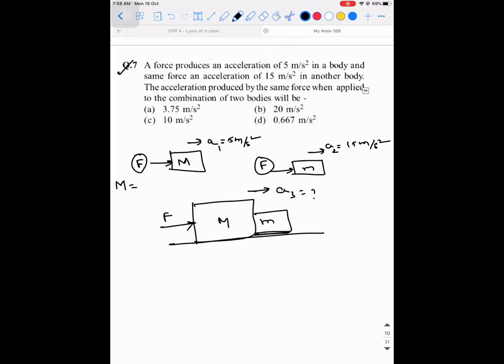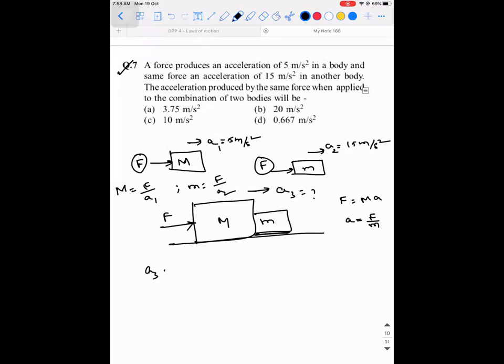So we know that F is equal to MA. So A will be equal to F divided by M. Can I write it like this? Or I will write capital M is equal to F divided by A1, and small m is equal to F divided by A2. Accepted, guys?